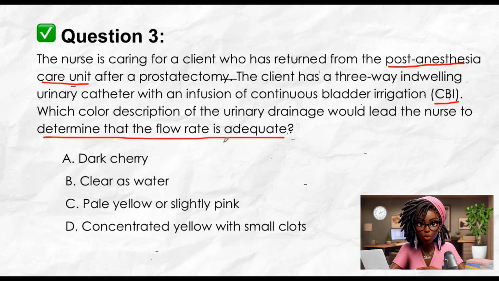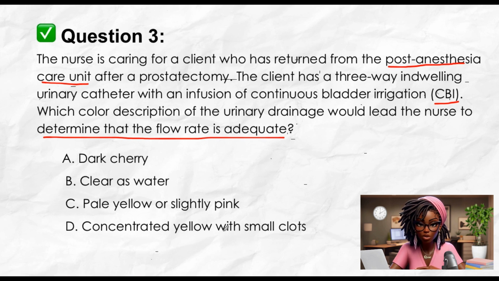So we're hunting for what is normal or expected for someone who is a post-op urological patient. So we're looking for, again, green zone answer choices because this is a green zone question. So let's start from the bottom up.